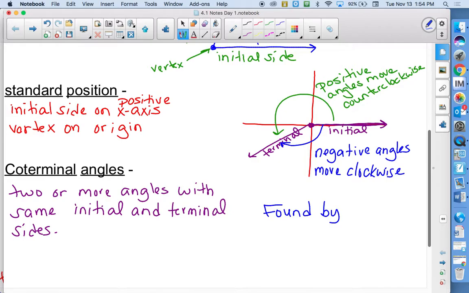If you rotate around in a circle, how many degrees are you rotating? 360. So they're found by either adding or subtracting 360 degrees to whatever angle you're given.